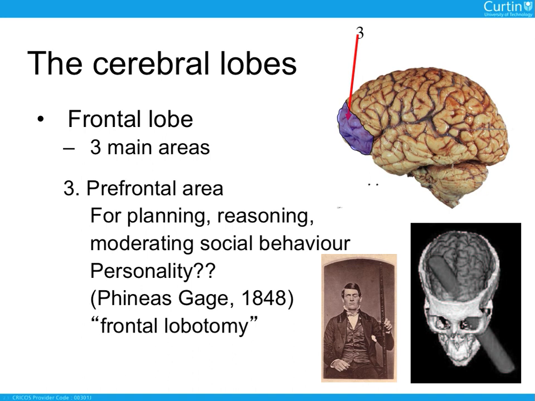I apologise, I haven't looked at this story for a little while now, so please excuse me if I'm a bit hazy on the details, but Phineas Gage, from memory, was a railroad worker. And one day, in a horrific accident, he drove a railroad spike, a big old cast iron spike, up through the neurocranium, straight into the prefrontal cortex that you can see here represented by 3.